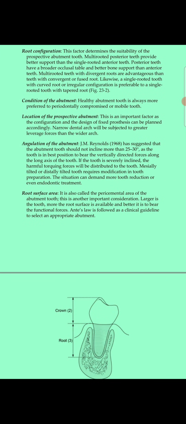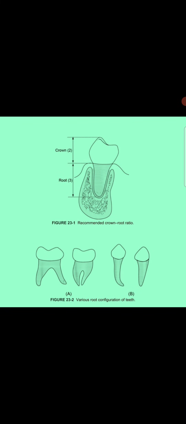Now come to the second factor. The second factor is the root configuration. Look here, various root configurations of teeth. If we select a posterior tooth as an abutment, it is a good abutment as compared to an anterior tooth, because of more roots and more bone support.